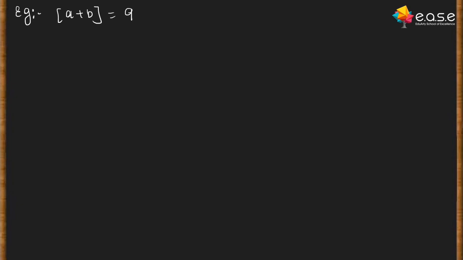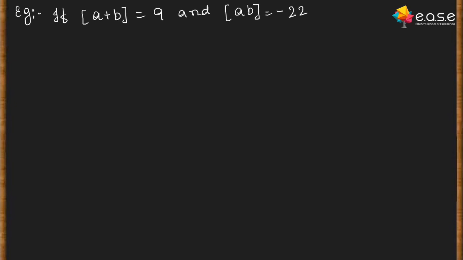If a plus b is equal to 9 and ab is equal to minus 22, then we have to find, first, the value of a minus b, and second, the value of a square minus b square.